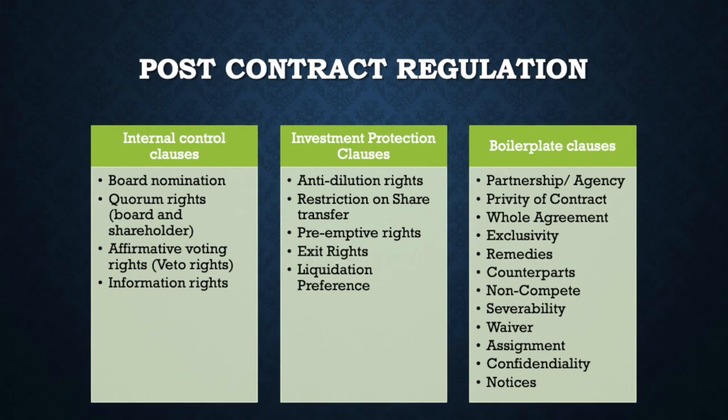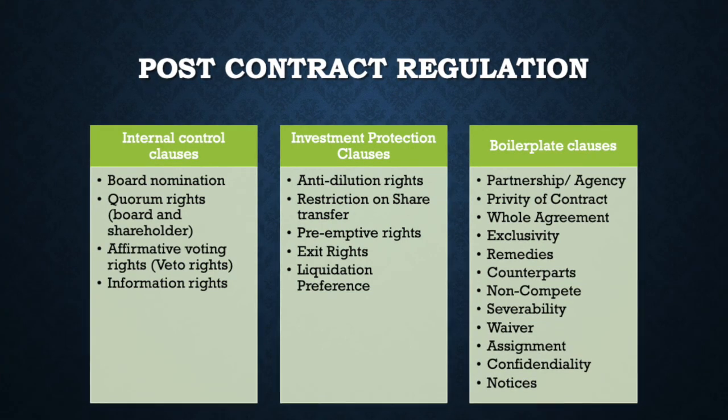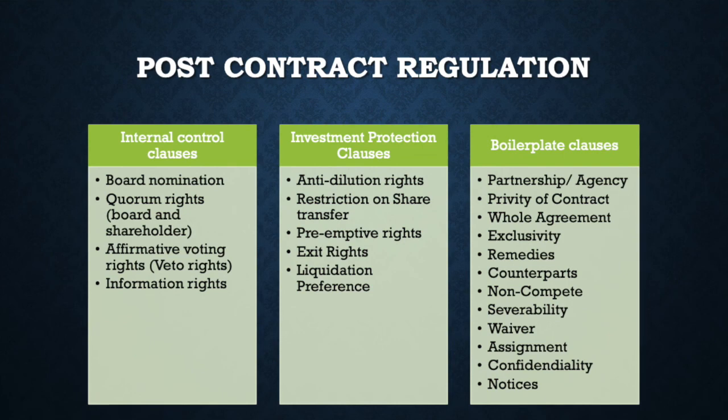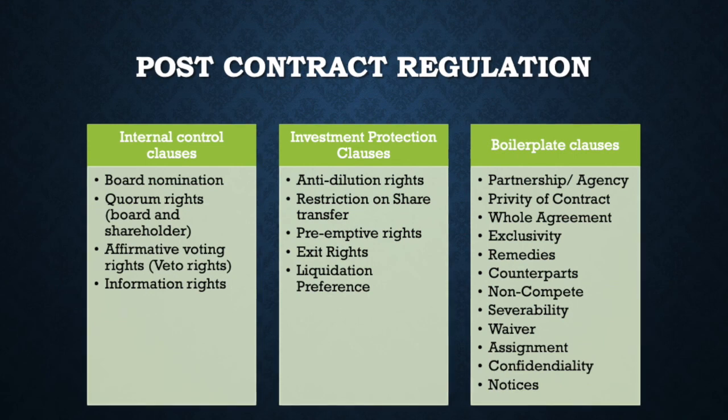The investor may also require that if the promoter were to transfer out, that before the promoter transfers out, some preemptive rights are taken place. The promoter may want to ensure that if the investor transfers its shares, it does so in a manner that protects the promoter's control over the company, that the shares are not sold to a competitor. These are covered under preemptive rights.